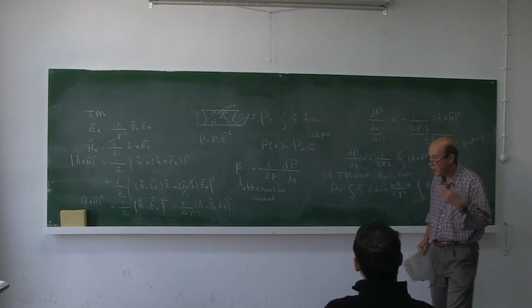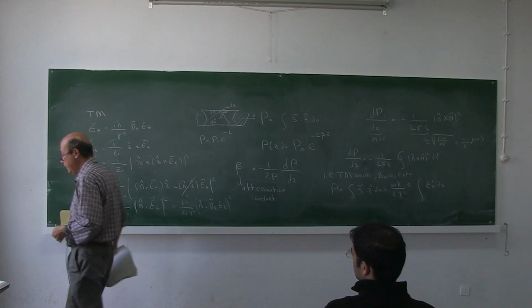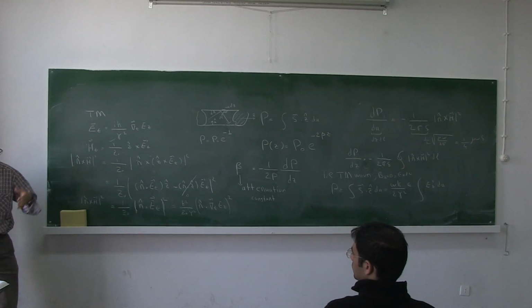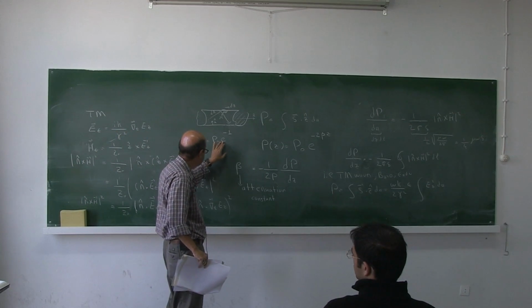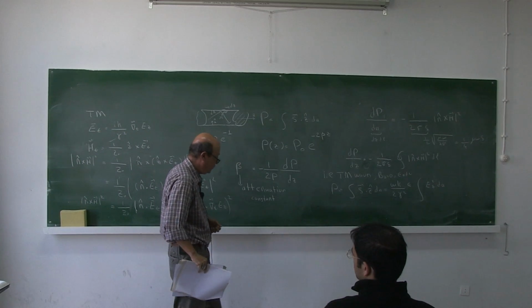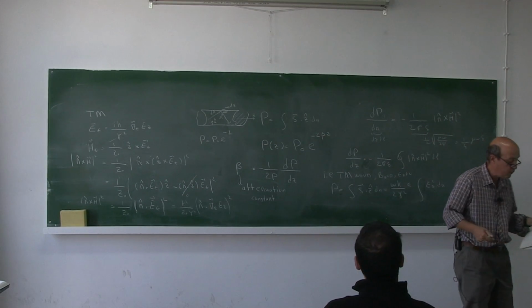So for a few hundred meters, the waves are transmitted more or less perfectly, but at that distance scale, the power is decreased to the e to the minus 1 value.